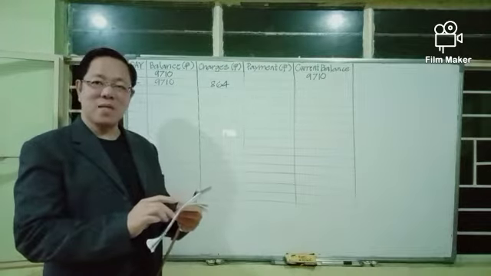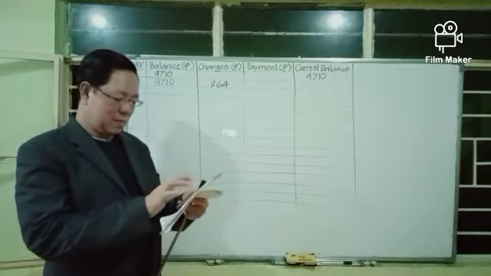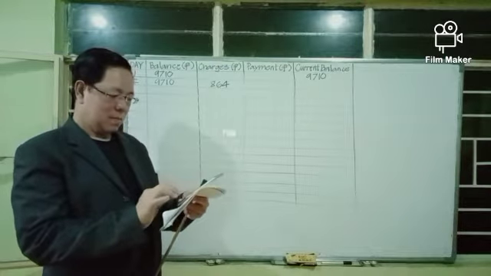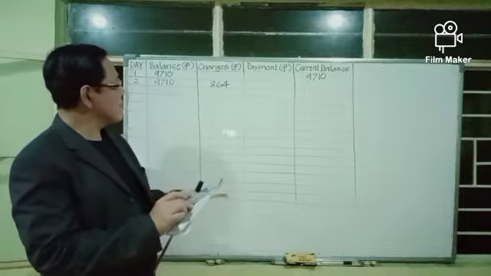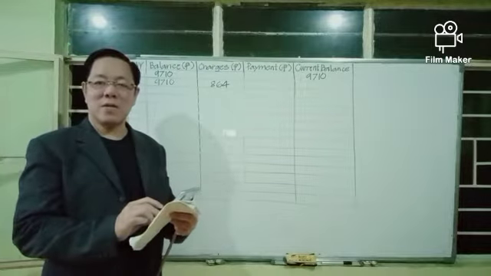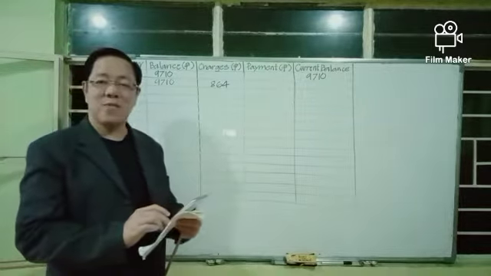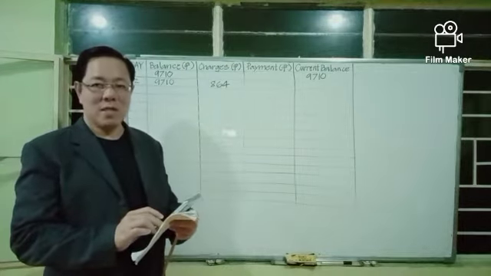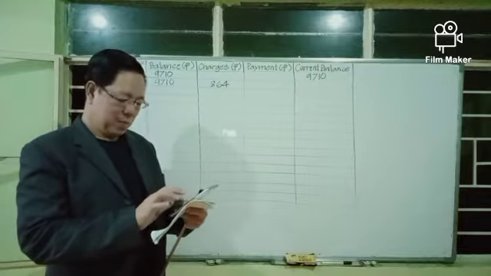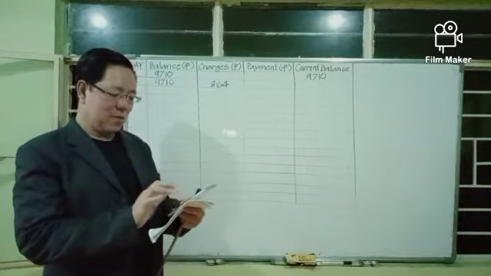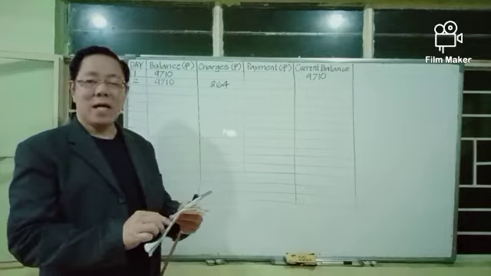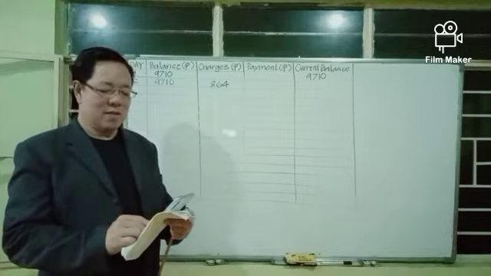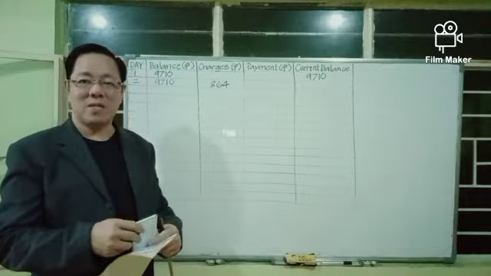We have 9,710 pesos plus the charges on her credit card worth 864 pesos for the medicine she bought using her credit card on November 2. At the end of November 2, the current balance now on her credit card is 10,574 pesos.